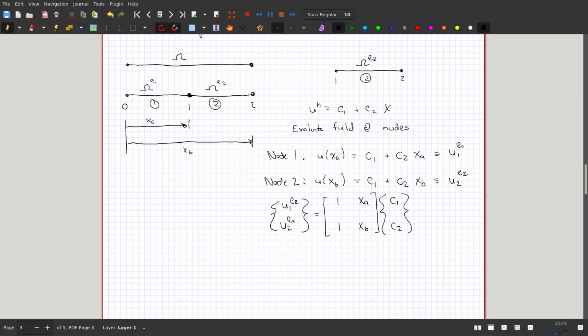In matrix form this would be u of e2 is equal to what we'll call A times c, and that has the solution c is equal to A inverse times u.